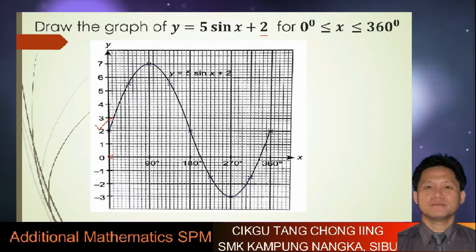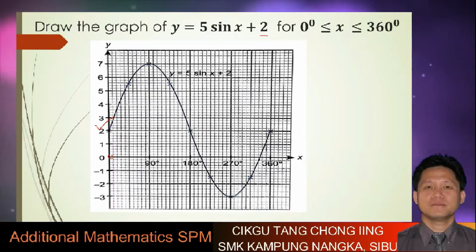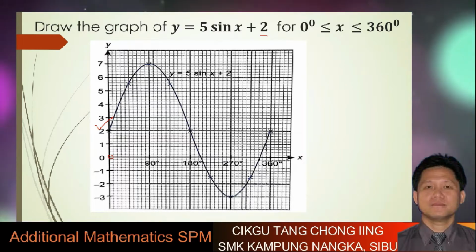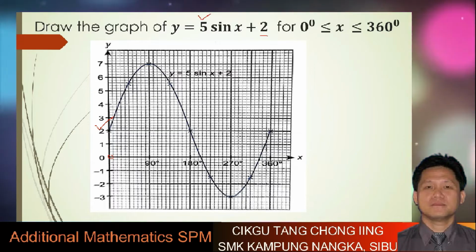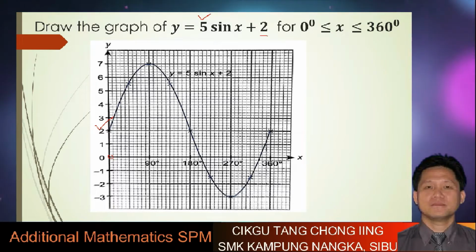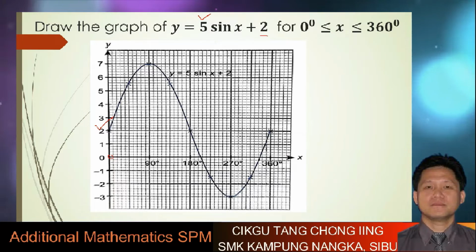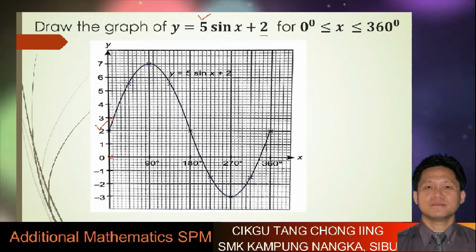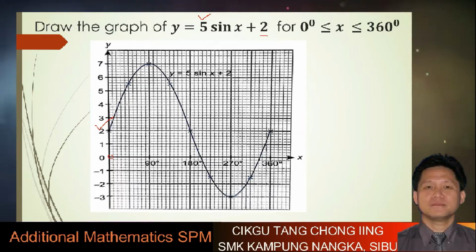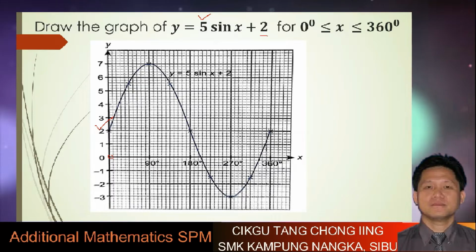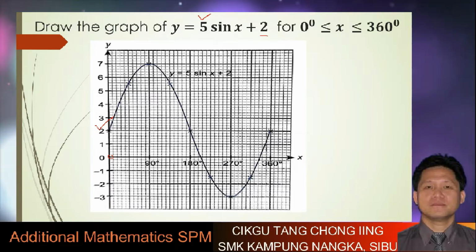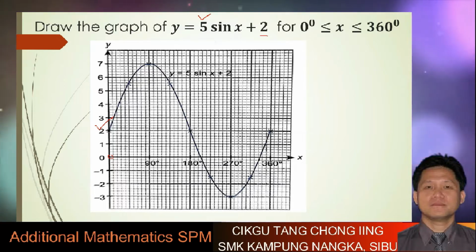And for y equals sine x, the maximum value is 1. But now we have 5 here in front. Remember, the value of a will affect the amplitude of the graph. So initially it should be 1, but we have a equals 5, so if we only have y equals 5 sine x, then the maximum value should be 5.